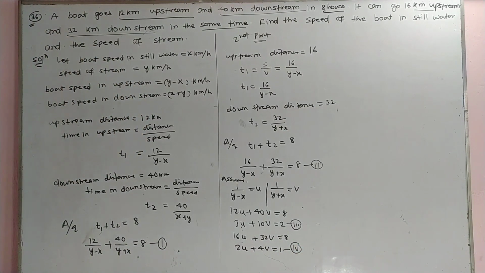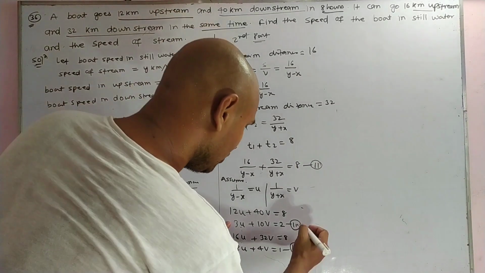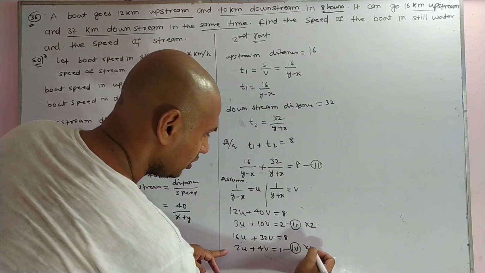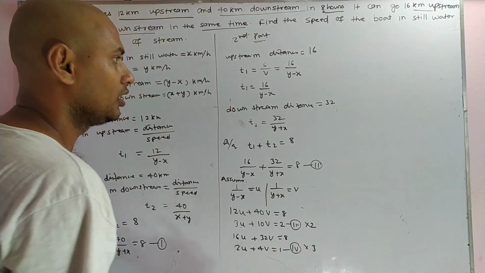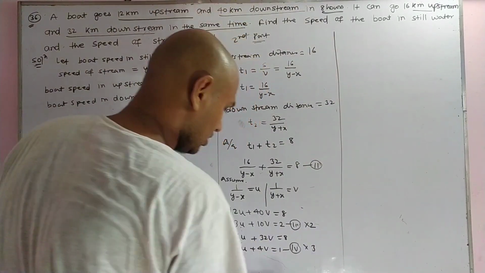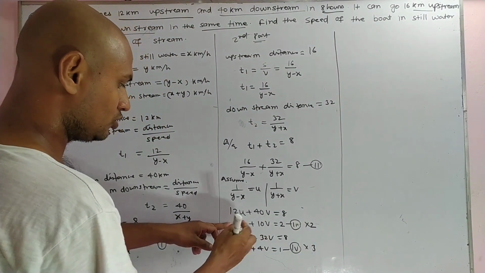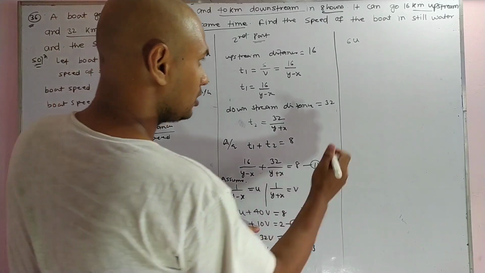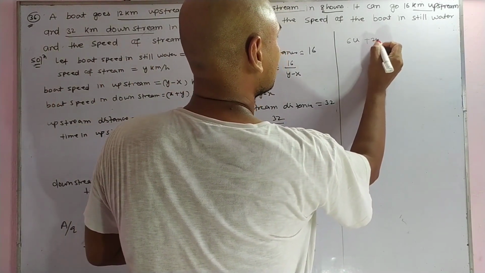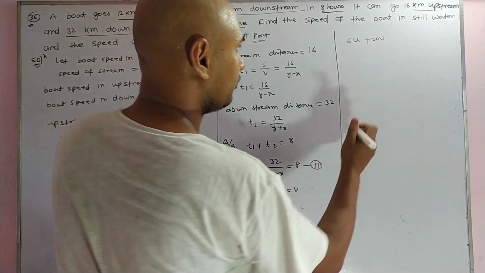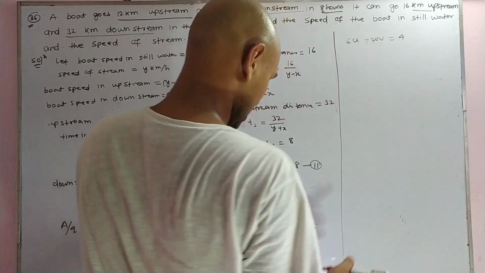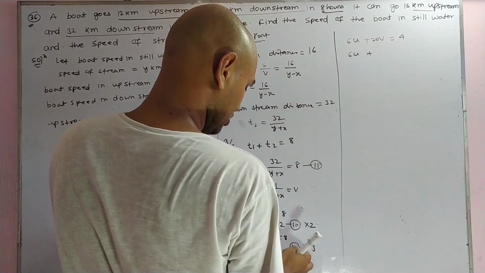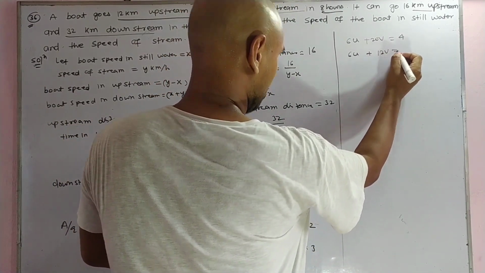After it, you multiply equation number 3 by 2, and you multiply equation number 4 by 3. After multiplying, you get 6u plus 20v equal to 4, and 6u plus 12v equal to 3.